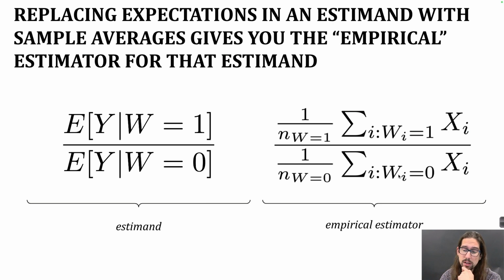And then over here, we have the empirical estimator, which is nothing but the sample average value of y, sorry about that, in the group of people in the data that had the exposure relative to the sample average value of y in the group of people in the data that did not have the exposure. So same idea.